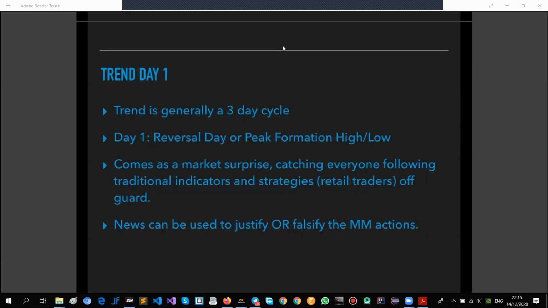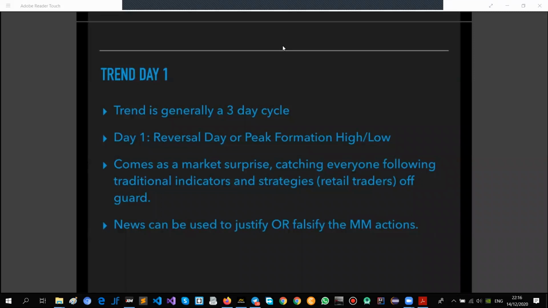This usually comes as a surprise, catching off guard everyone following traditional indicators and strategies. You don't know what the market makers are doing or how they're going to do it, but we just wait. That's how we are different from retail traders, who will be surprised by these moves.